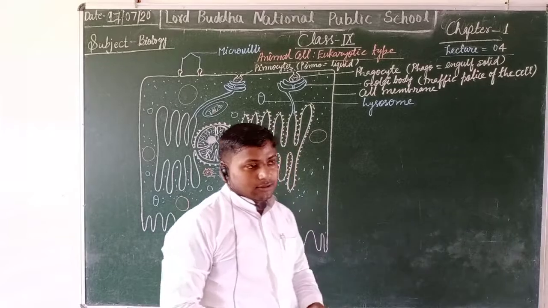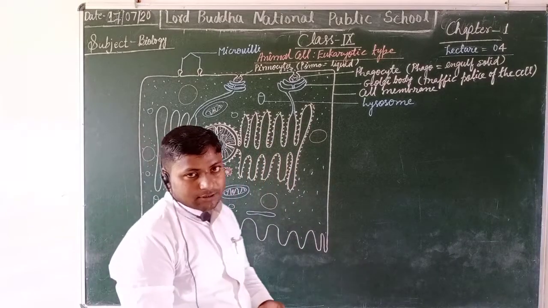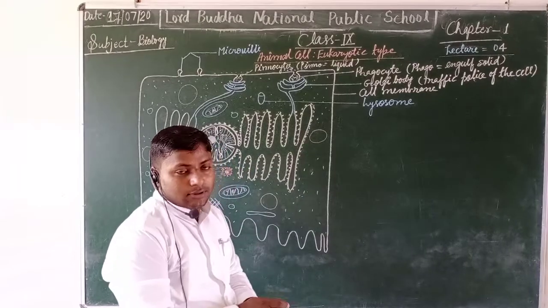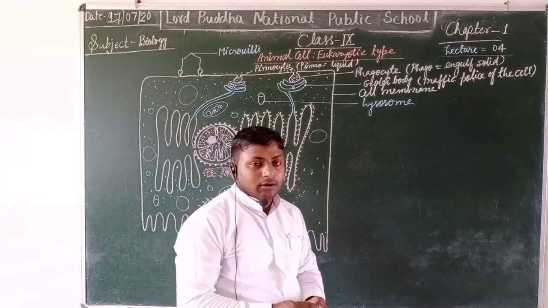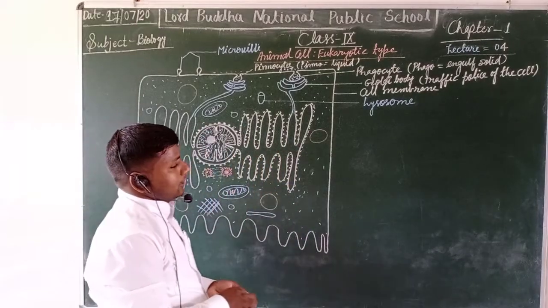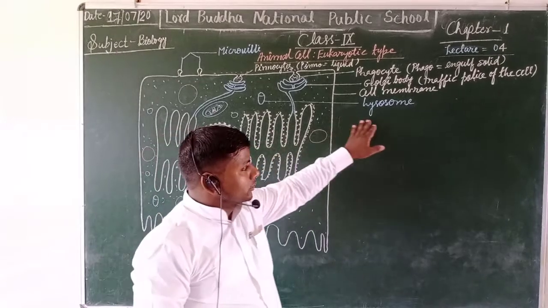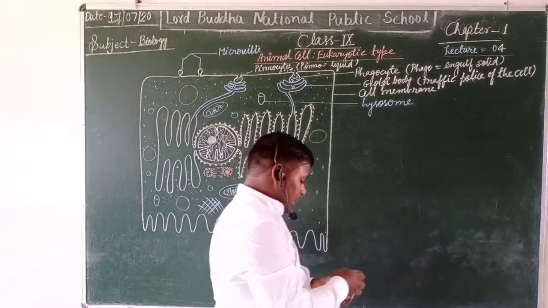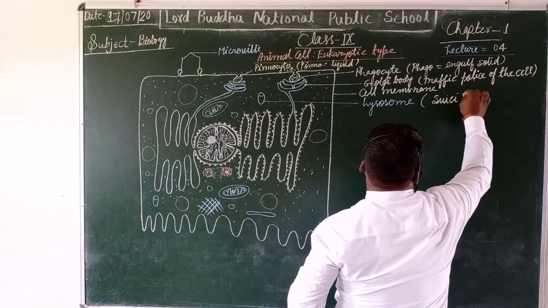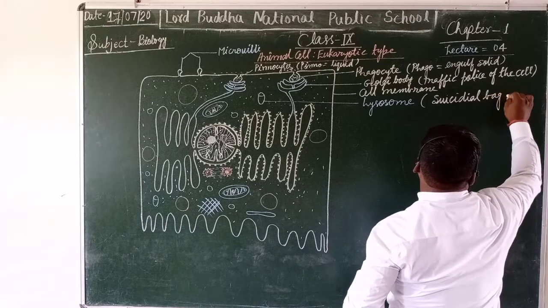In a situation of infection, this bag gets ruptured and all the enzymes get poured into the cytoplasm and the cell dies. That's why this is also regarded as the suicidal bag of the cell.